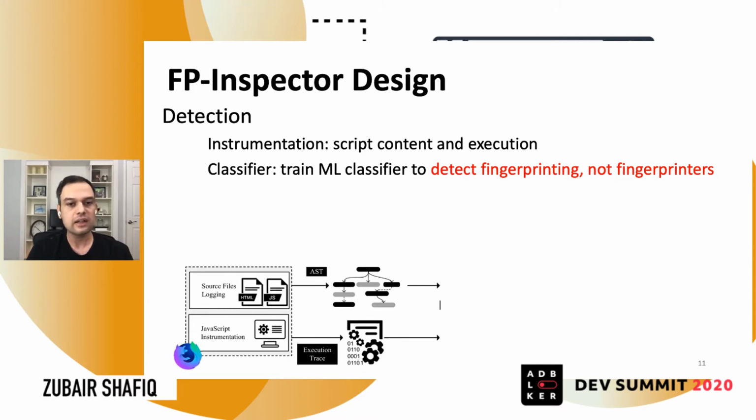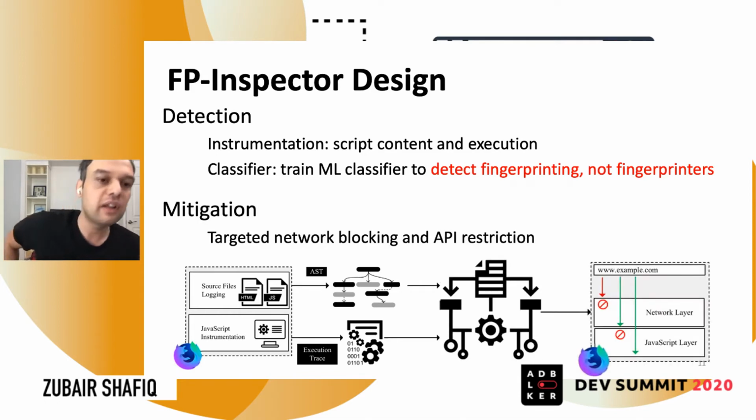For this detection, FP-Inspector analyzes the JavaScript, and we instrument Firefox to do two types of analysis. One is static analysis, where we look at script content. Then we also do dynamic analysis, where we analyze script execution, such as the API calls made by the script. Once we have all of this information, we use it to train a machine learning model.